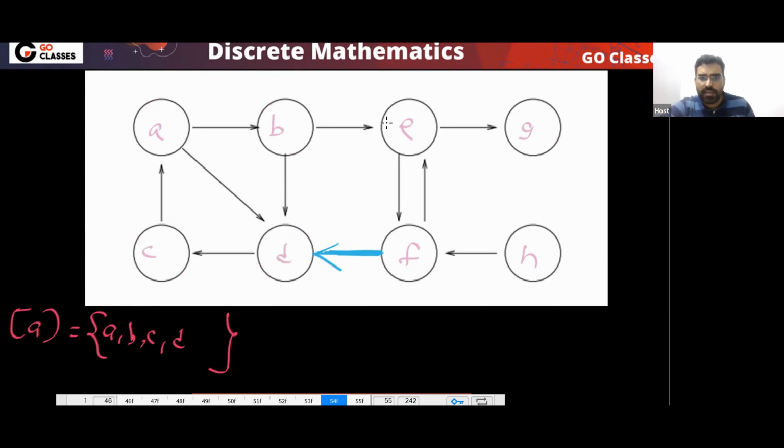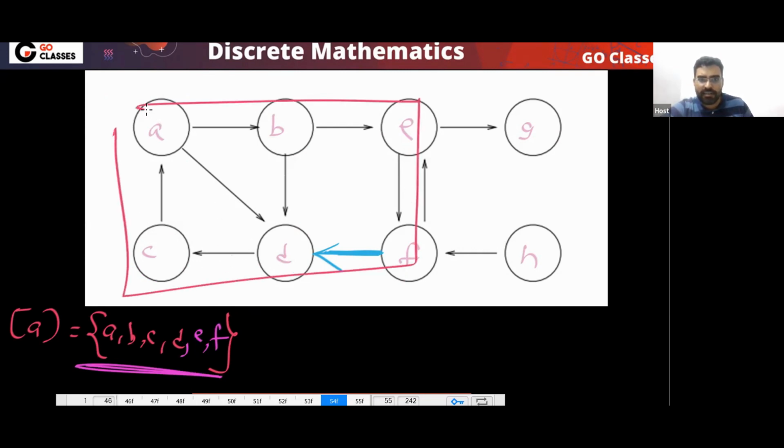Now let's see. There is a path from A to E. Can I say there is a path from E to F, and E to A? Yes, E also will be included, and F also will be included. E comma F will also be included because there is again a cycle.